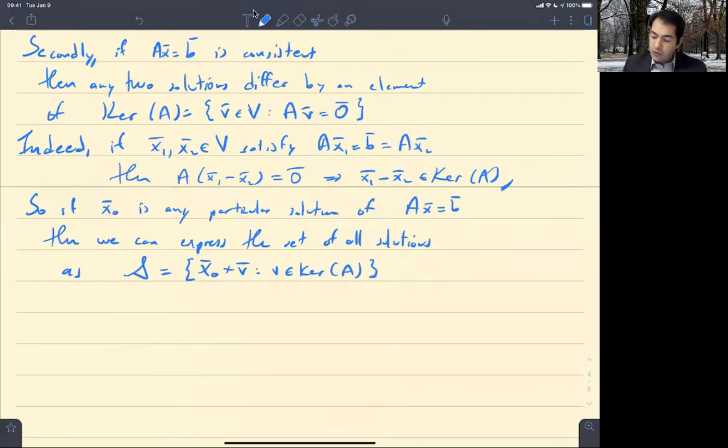Or with some abusive notation, we might write this as x naught plus the kernel of A. Which is a bit of abusive notation, but it's just a faster way of writing this.